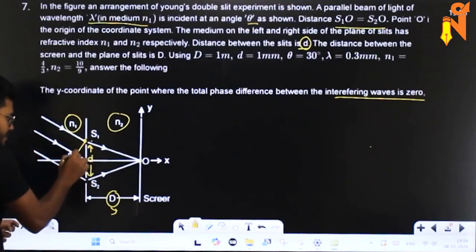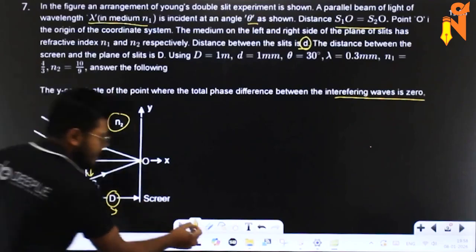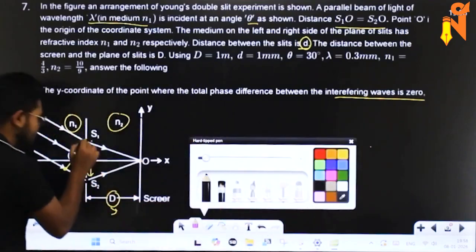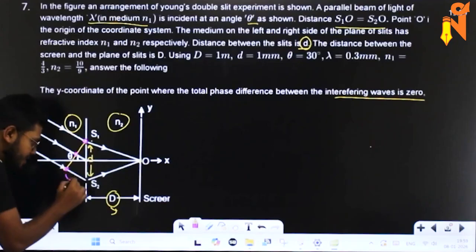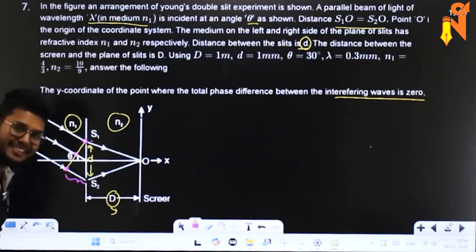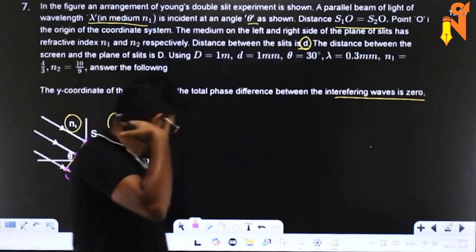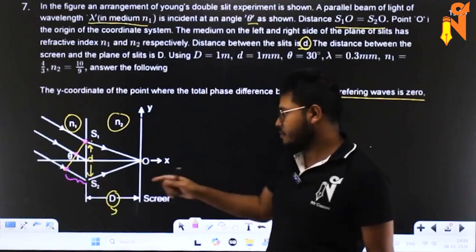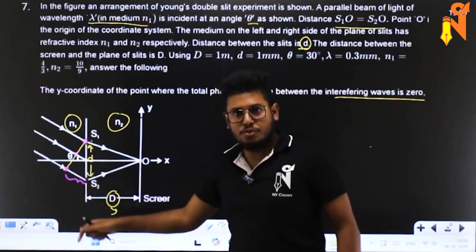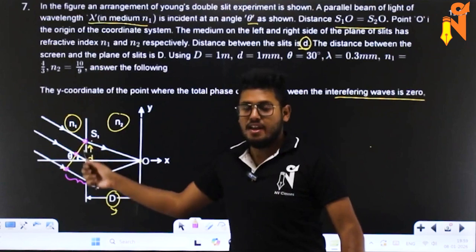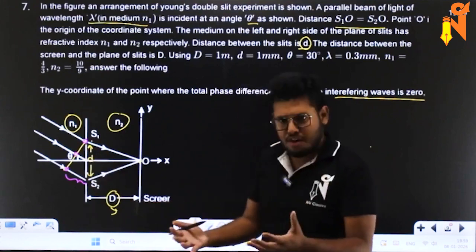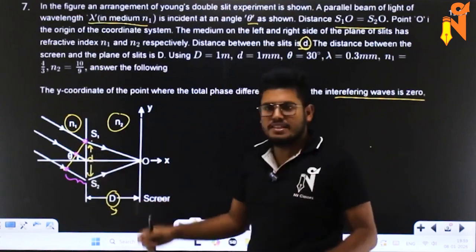So these 3 points are in the same phase. That basically means the lower light has traveled more length now, right? That is what will make the lower light get ahead by some phase. This one is lagging by some phase. Now let's try to track out some point on the screen where the phase difference is 0.